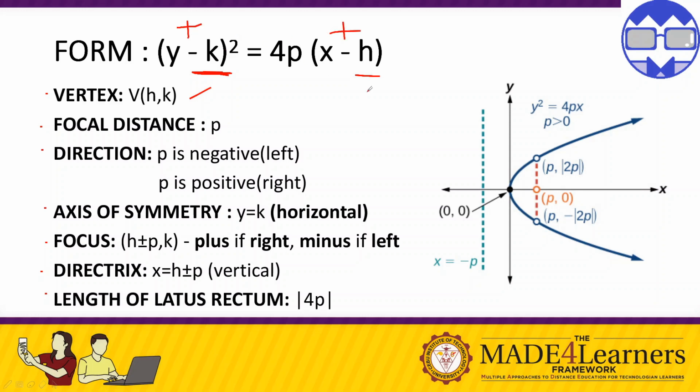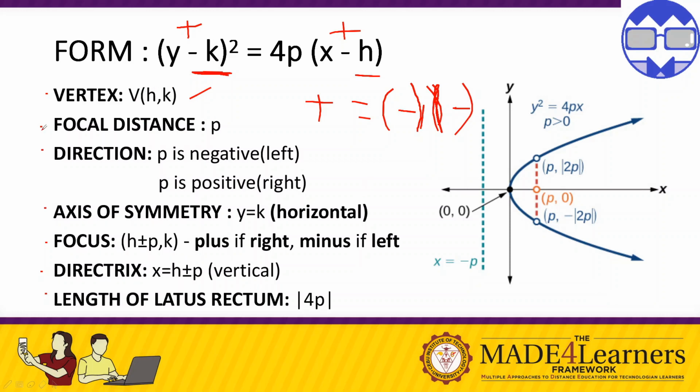Remember, plus is actually minus a negative, negative times negative. So we actually have x minus negative h. So whenever this is plus, the values of h and k will be negative. For example, if this is plus k, plus h, this is actually negative h and negative k.